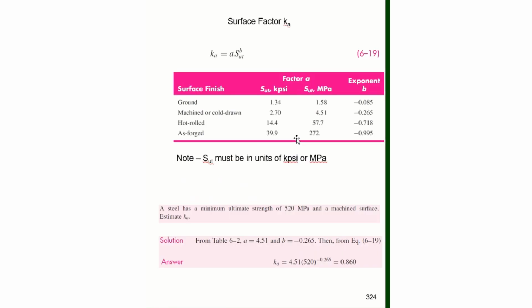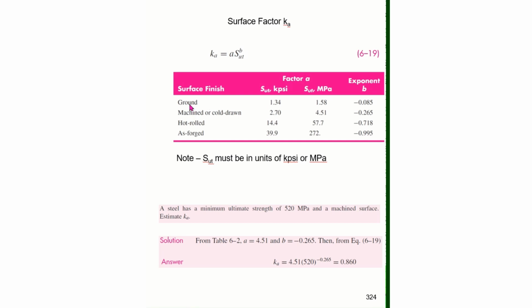The first one that we will look at computing is called the surface factor. And this is associated with the surface finish of the part. Ka is computed by taking a Sut to the b, where a and b come from this table.